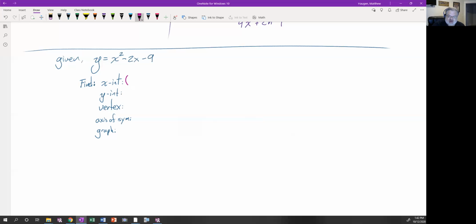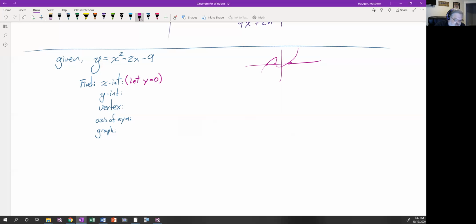The only thing we know about all x-intercepts is that the y value is equal to 0. That's the definition of an x-intercept. So how do we find x-intercepts? We let the y value equal 0 and solve.